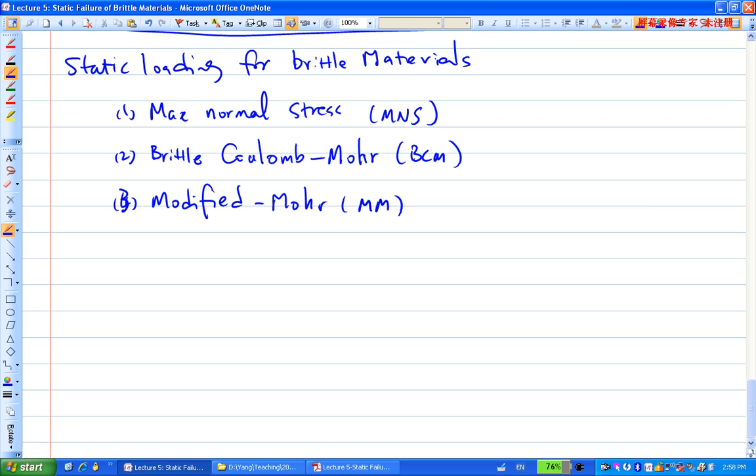So here's the first one, MNS theory. According to that experiment, this is the definition.